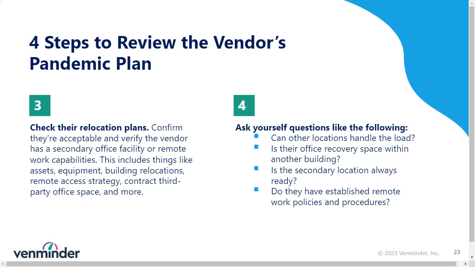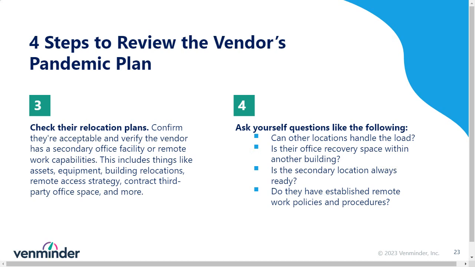Next, you want to check their relocation plans. Confirm they're acceptable and verify the vendor has a secondary office facility or remote work capabilities. This includes things like assets, equipment, building relocations, remote access strategy, contract third-party office space, and more. If the vendor has neither a secondary office facility or remote work capability, this may be a red flag.